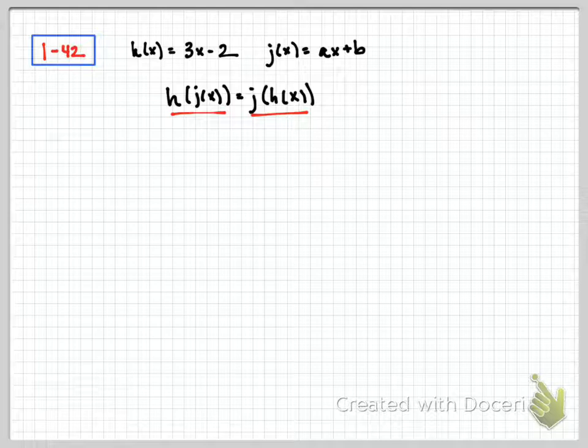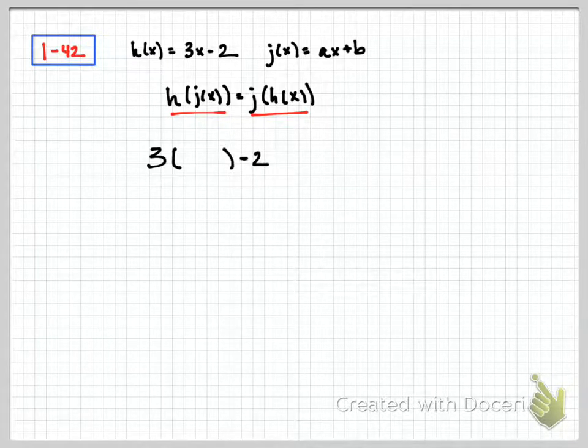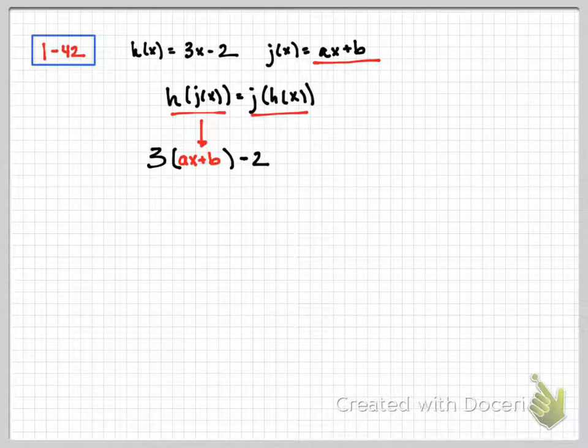So if we're looking at function h, we're going to have 3, and then I use parentheses instead of the x, parentheses minus 2, and then we'll see that our j of x, which is this function, ax plus b, we'll drop it right in here. There it is. Okay? That's h of j of x.